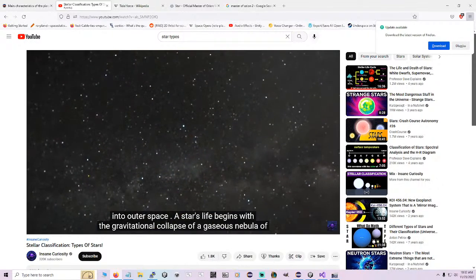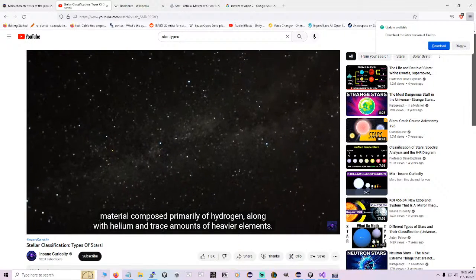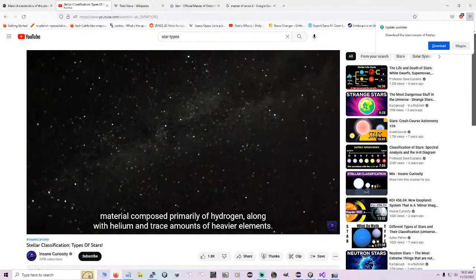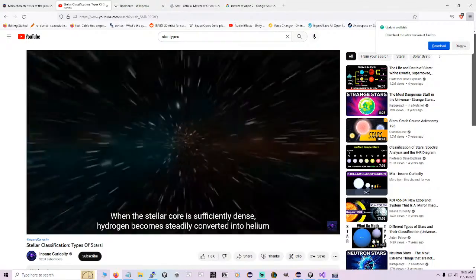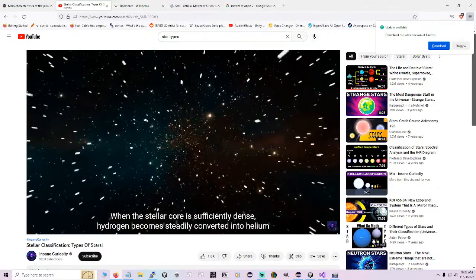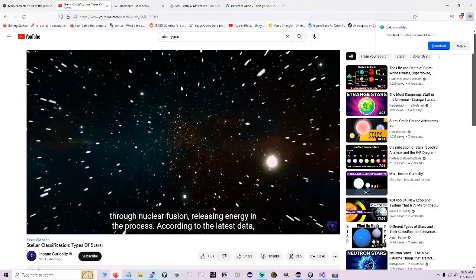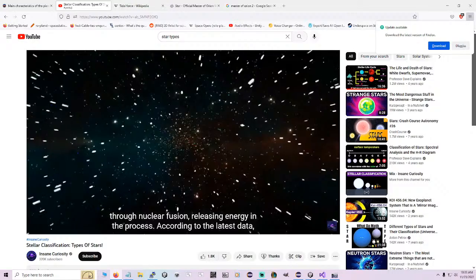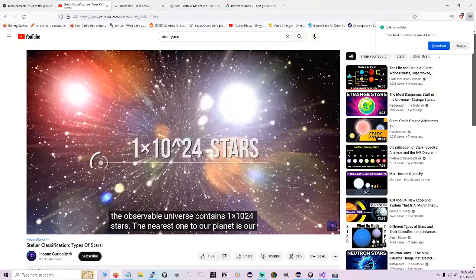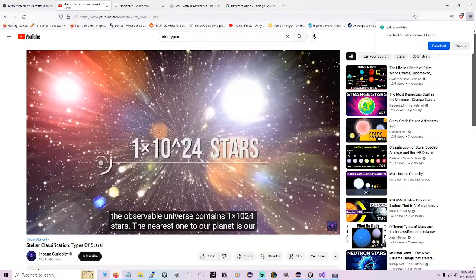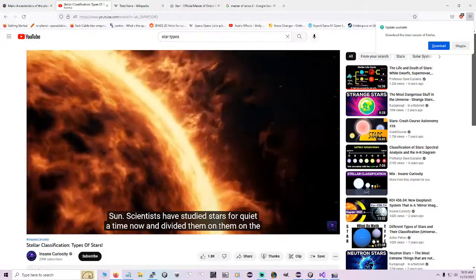A star's life begins with the gravitational collapse of a gaseous nebula of material composed primarily of hydrogen along with helium and trace amounts of heavier elements. When the stellar core is sufficiently dense, hydrogen becomes steadily converted into helium through nuclear fusion, releasing energy in the process. According to the latest data, the observable universe contains 1 times 10 to the power 24 stars. The nearest one to our planet is our sun.